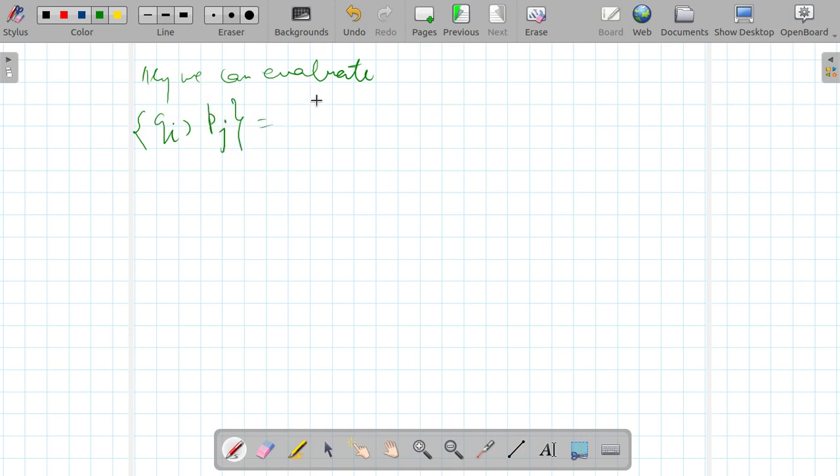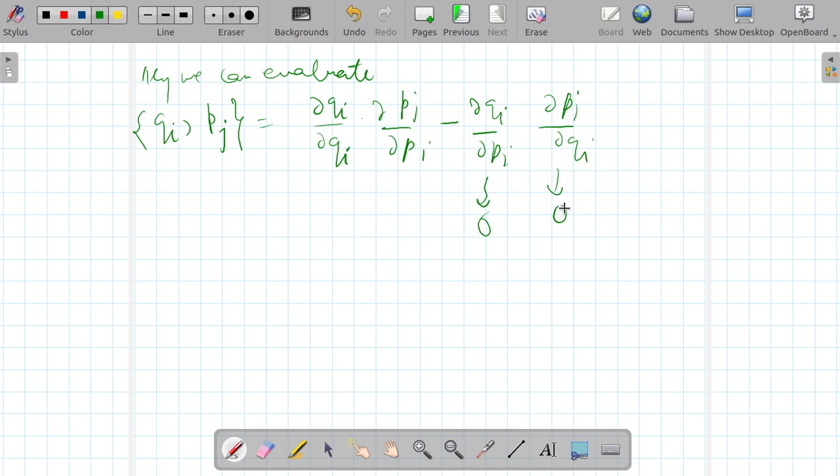It can be written as ∂Qi/∂Qi times ∂Pj/∂Pi minus ∂Qi/∂Pi times ∂Pj/∂Qi. Since Pj and Qi are independent, their derivative will be equal to 0.